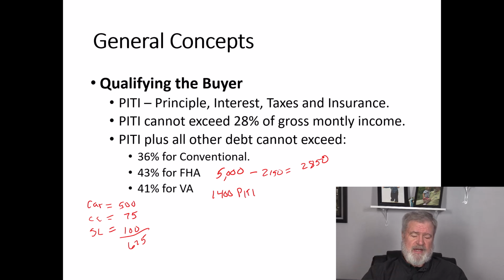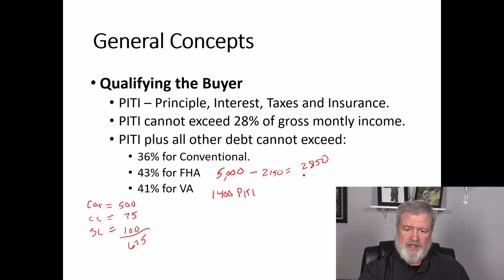Because you haven't paid income taxes. Most people are probably around 30, 32, 33% in taxes. So let's just say 30%: 5,000 times 30% is 1,500. So let's just say you're only paying 1,000 in taxes. So now we're down to 1,850.